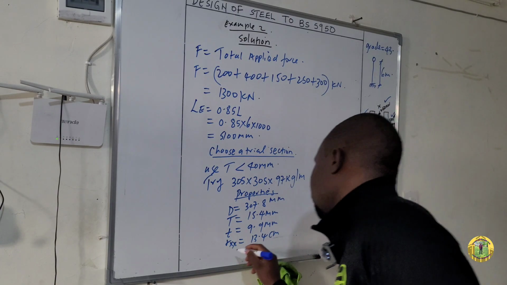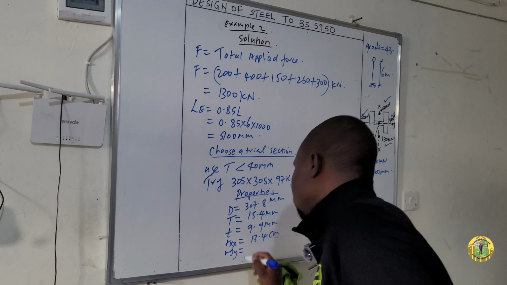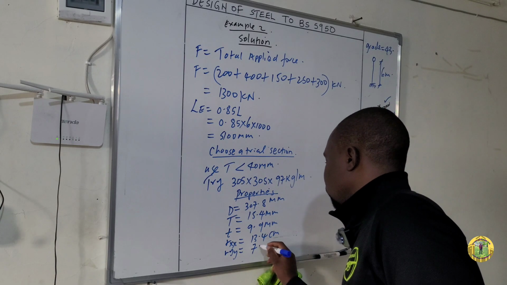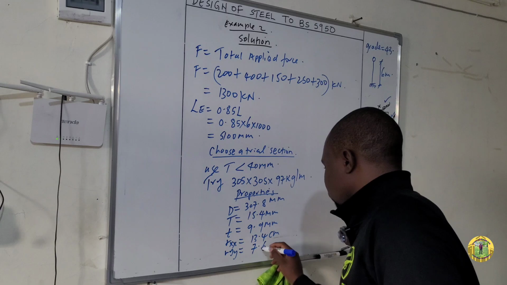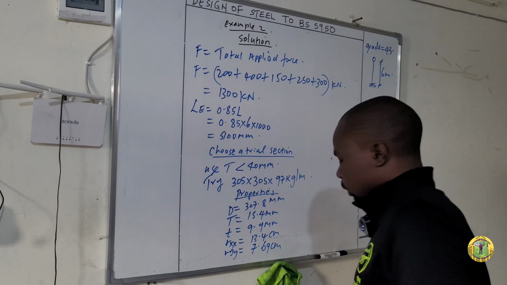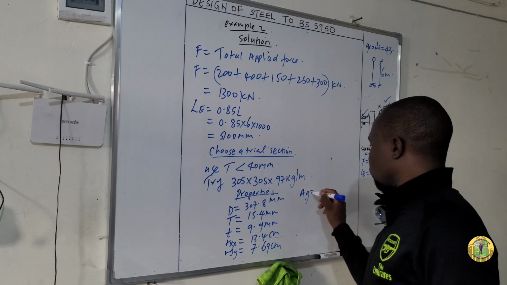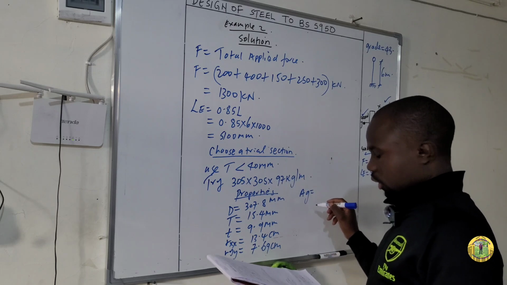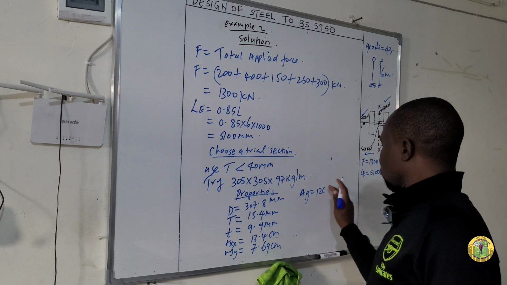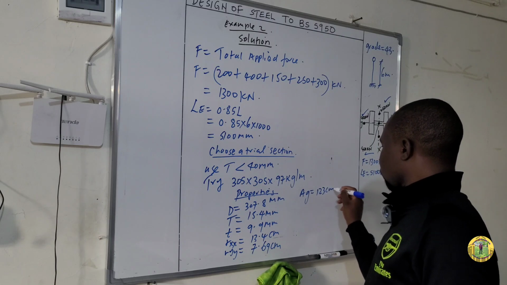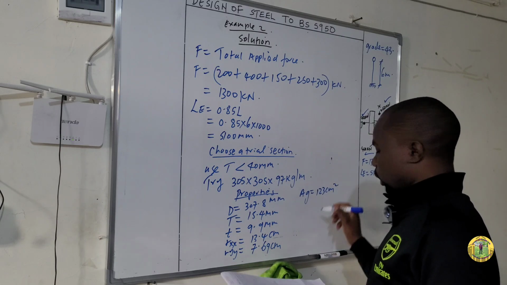So ryy, the radius of gyration about the y-y axis, is 7.69 centimeter. And then you have the area, AG, equal to 123 centimeter square.